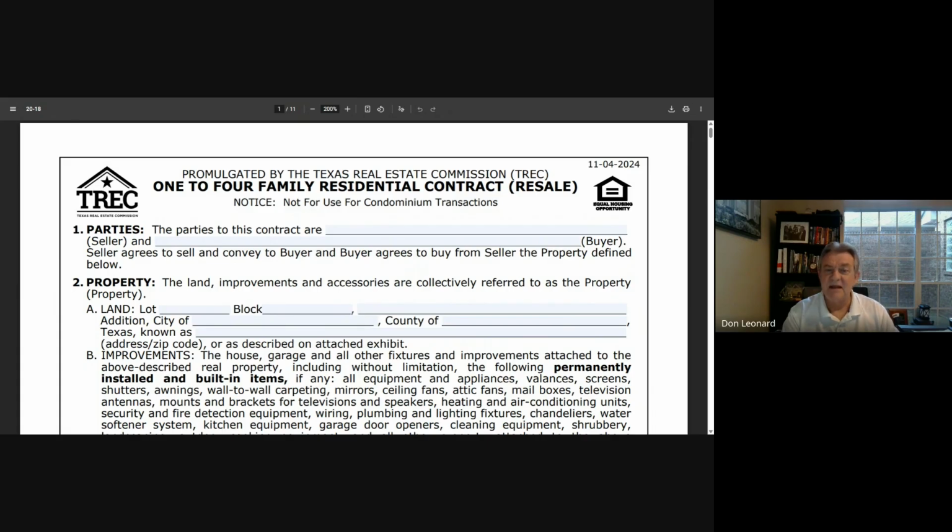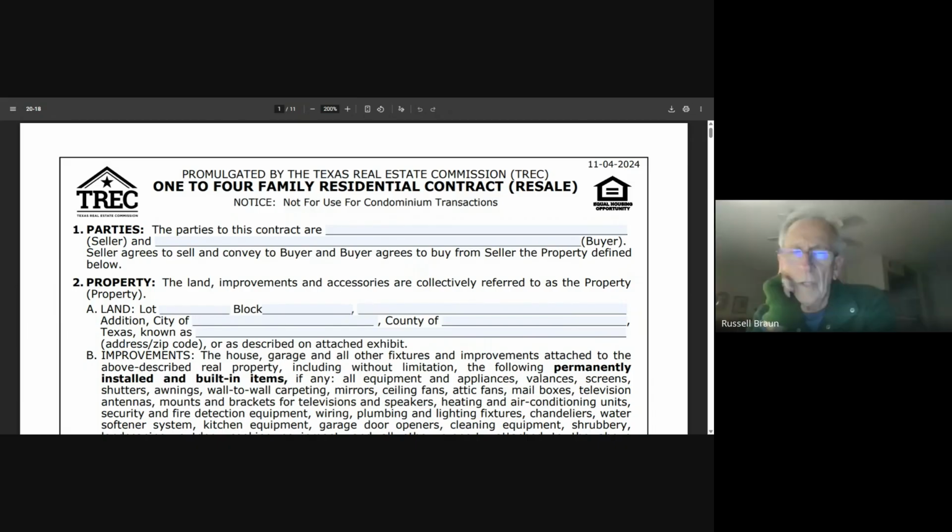If the trust is selling the property, then the trust is who the seller is. The signature is going to be different, but the name here will be whatever the trust is. Or if somebody's signing as power of attorney, you still have the regular names, but the signature is what's probably going to be different. Okay.